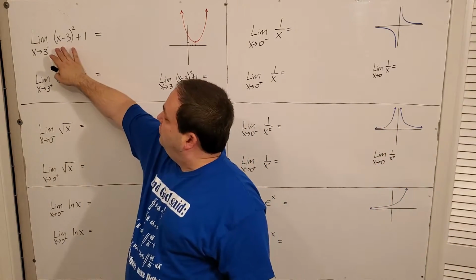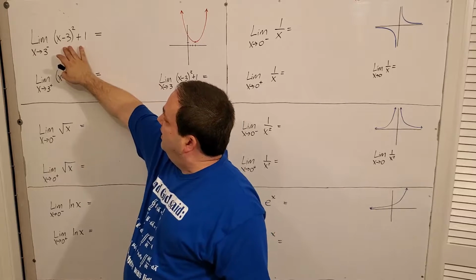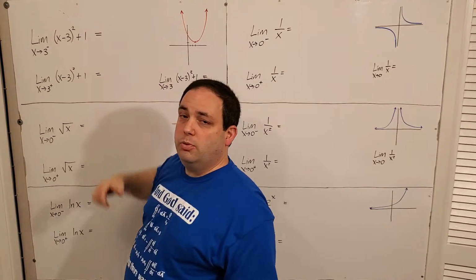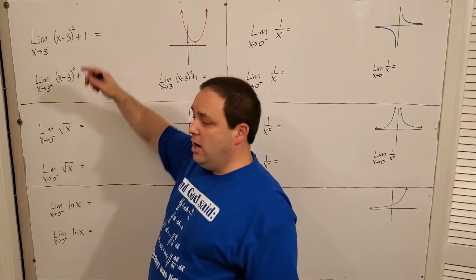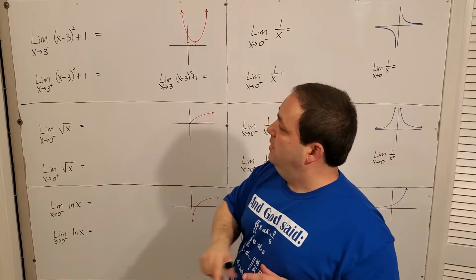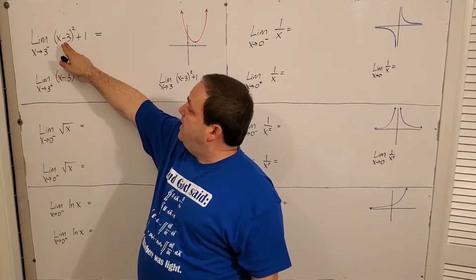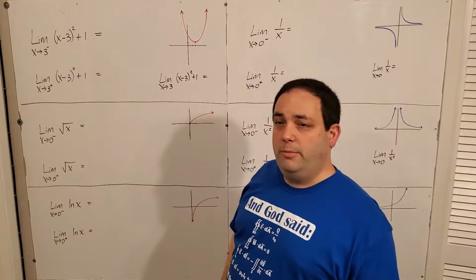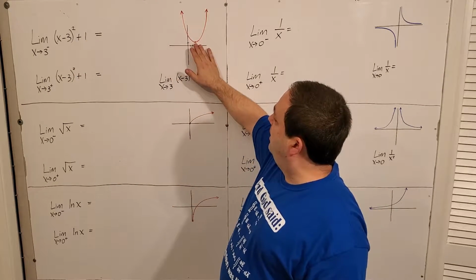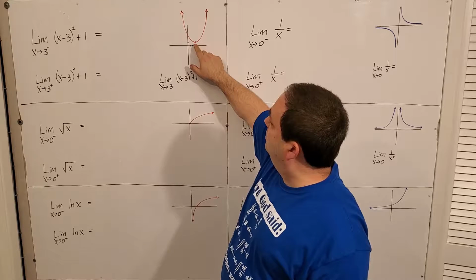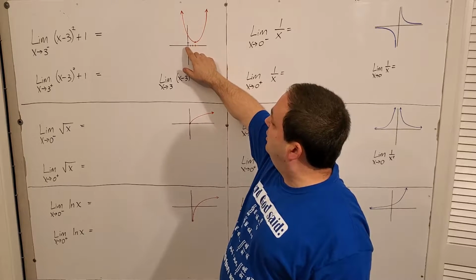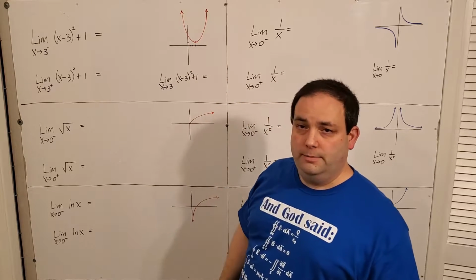I see my function here is the quantity of x minus 3 all squared plus 1. X squared is a parabola shape. The minus 3 is a shift to the right. The plus 1 is a shift up. So I'm shifting it right and up. As you can see, my little center vertex there is at the coordinates 3, 1.